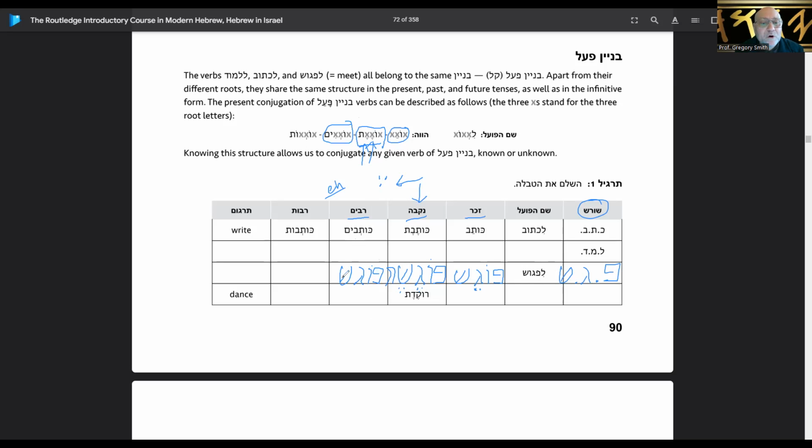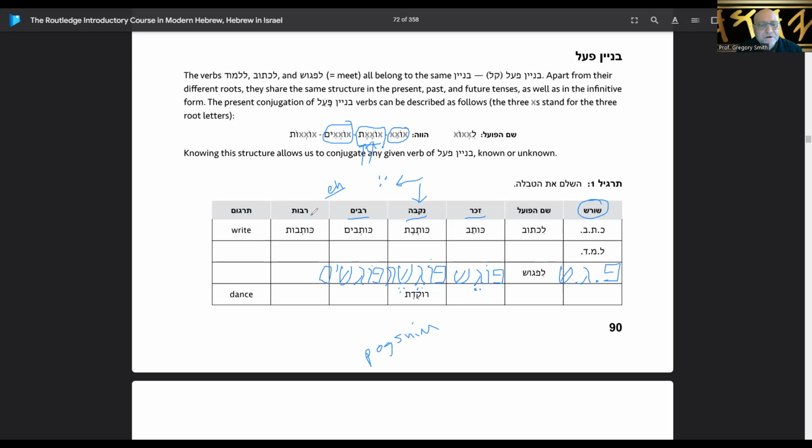It's going to be pogshim, I think, with a yod and a mem sofit. Let me double check that. Anachnu pogshim. Yeah, we meet. Anachnu pogshim. We are meeting.